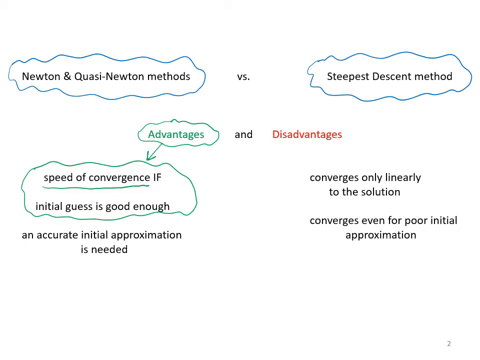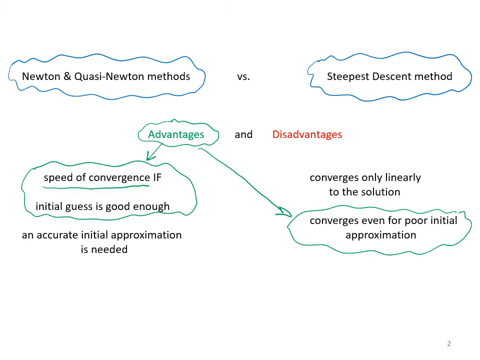If we consider the steepest descent method, for this particular method we don't have to know an accurate or good initial guess. This method will converge even for a very poor initial guess. And this is a clear advantage for this particular method.